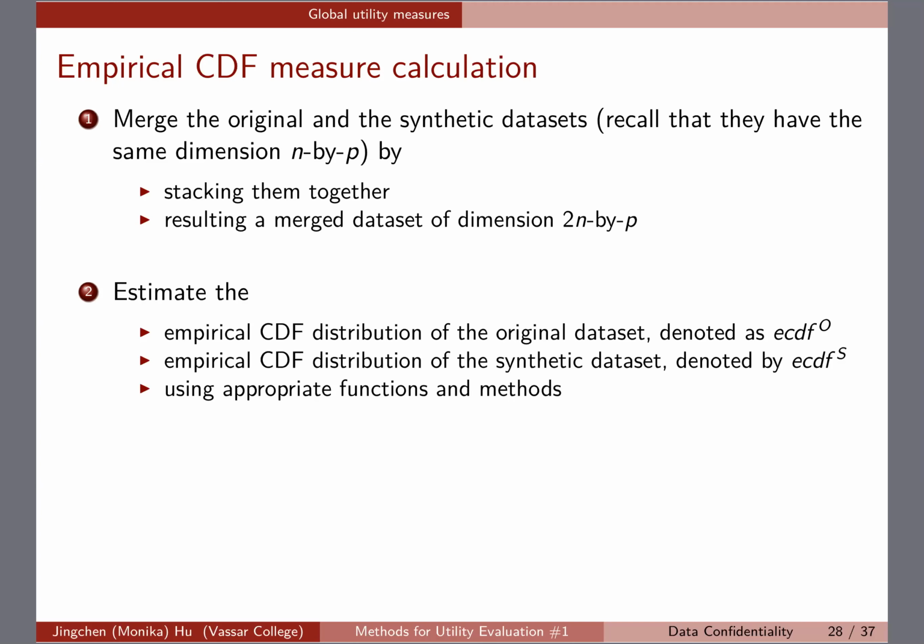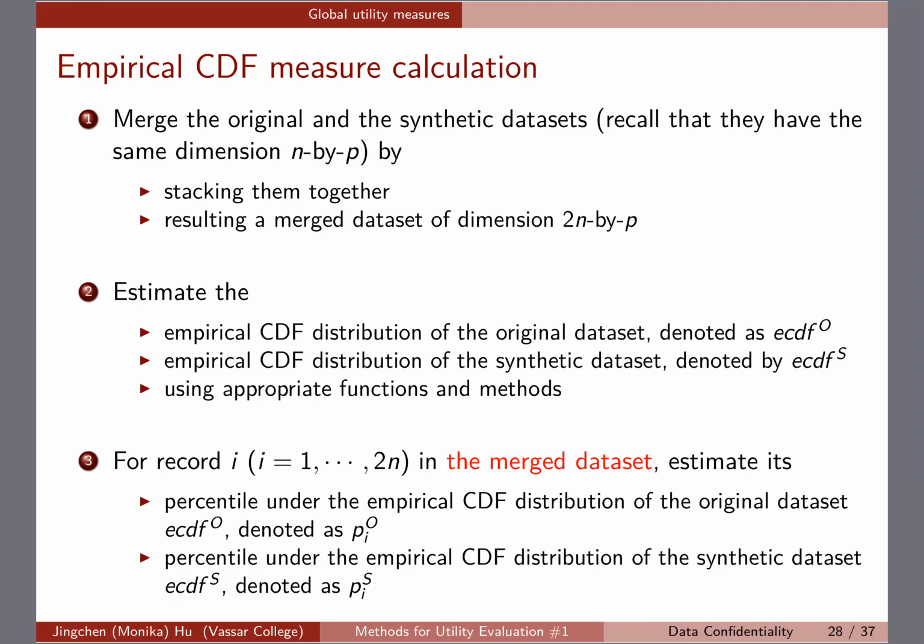By using appropriate functions and methods, you might be able to find something, or I have found one that could work, or you might have other things. So remember, first step we still merge them, but then in the second step we do the estimation separately. We estimate on the original, we estimate on the synthetic, because we want to get empirical distributions from each of them separately.